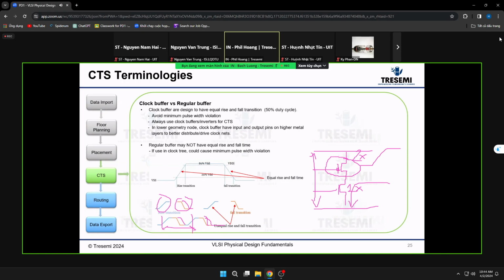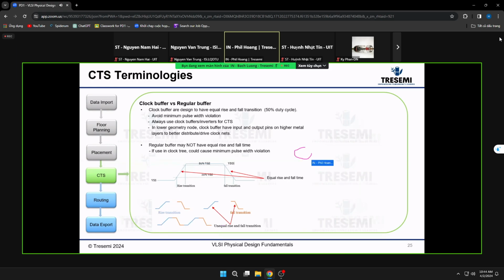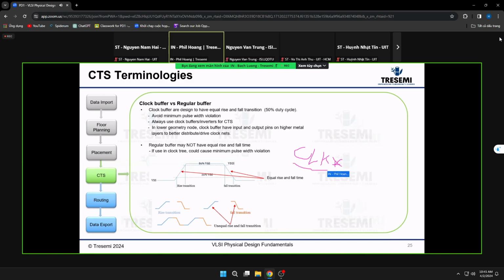So that's why typically when you build a clock tree, you choose all the clock buffers, with the CK or CLK prefix, with the clock name prefixed by something indicative of clock buffers.